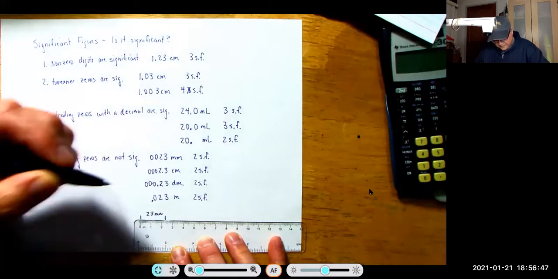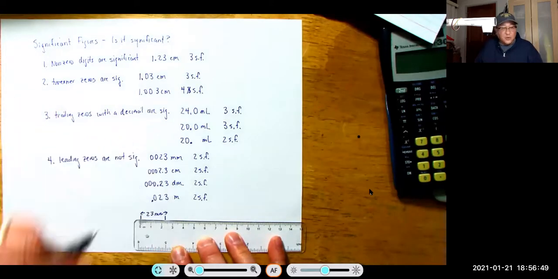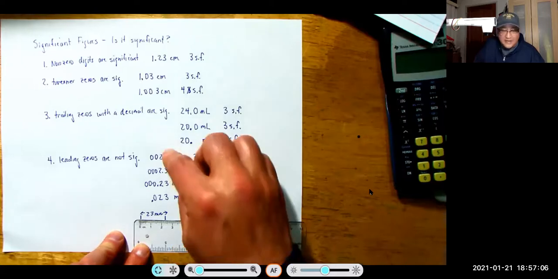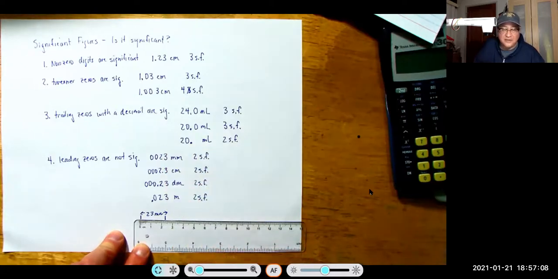That's 23 millimeters. Now, that also happens to be 2.3 centimeters. It also happens to be 0.23 decimeters. It also happens to be 0.023 meters. All of these numbers I've written here are the same amount.